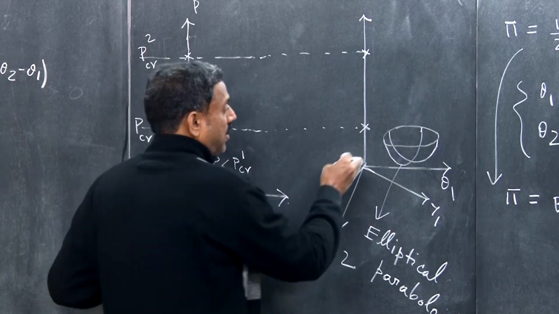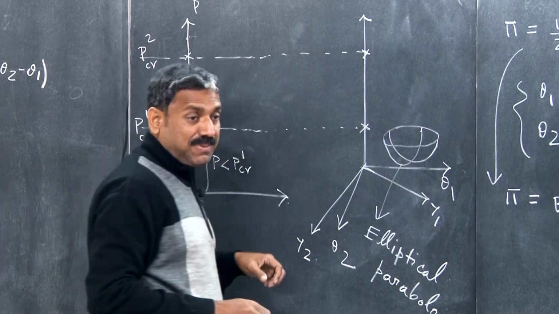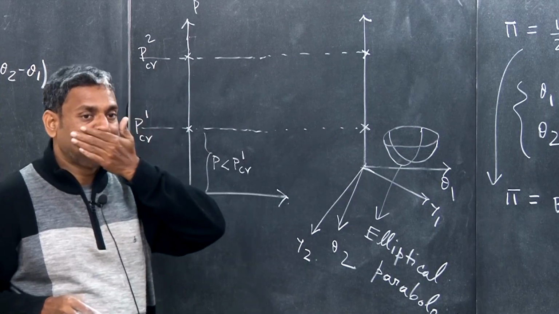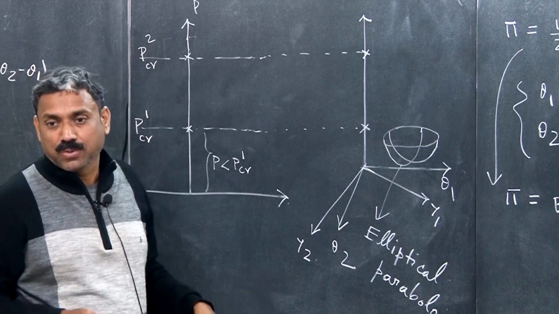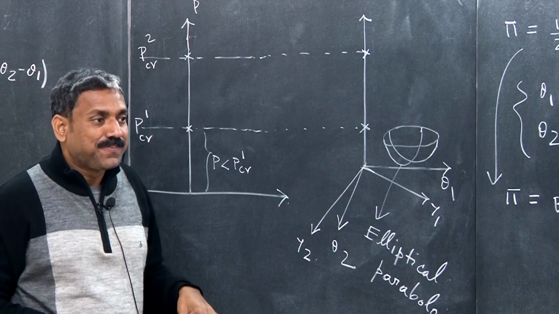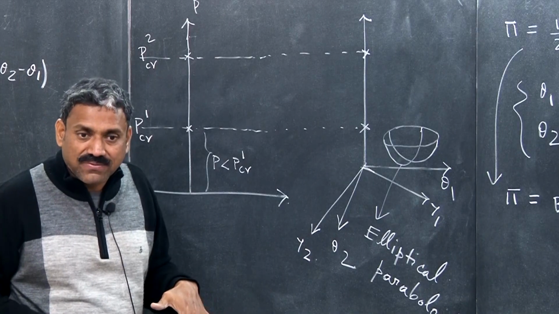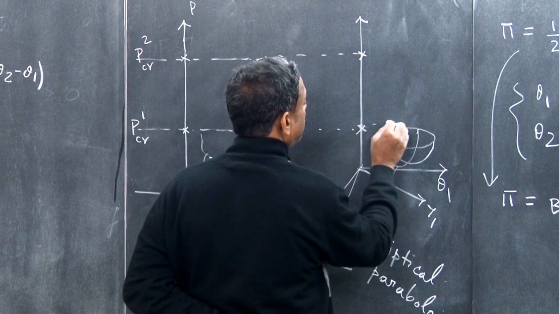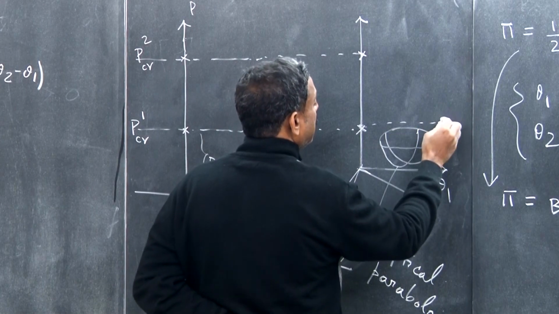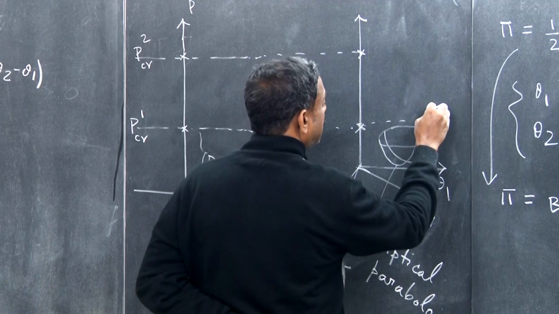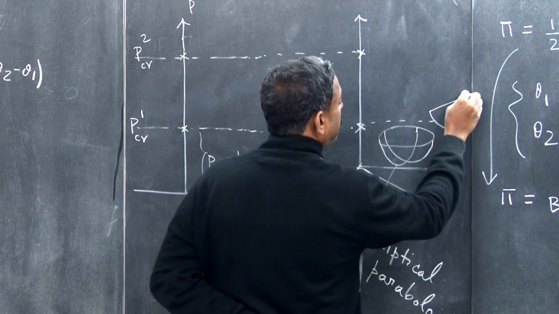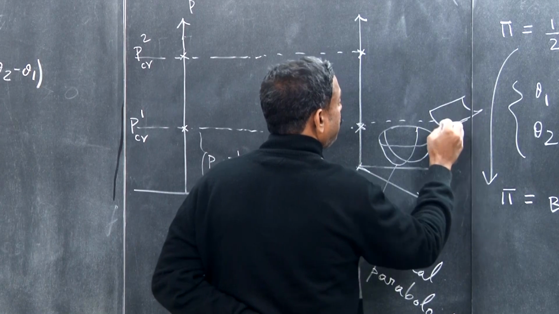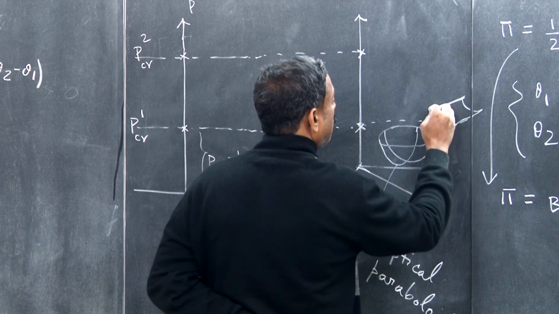So, why is it so when P less than PCR? That means any ball you put in, it's a concave surface of the potential energy, and if it is a concave surface of the potential energy, then it implies stable configuration, right? Here what is happening when P is equal to PCR? What is happening is that it will become this kind of cylindrical, you know.